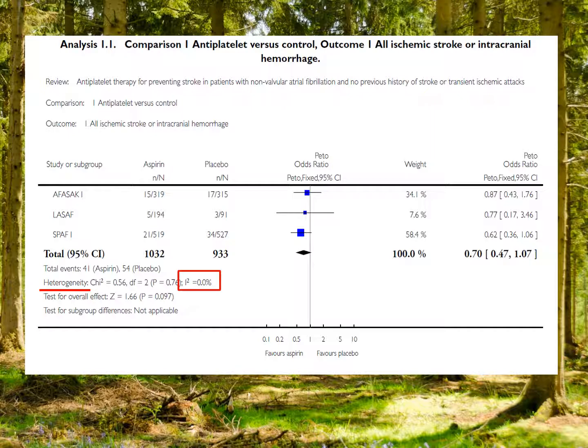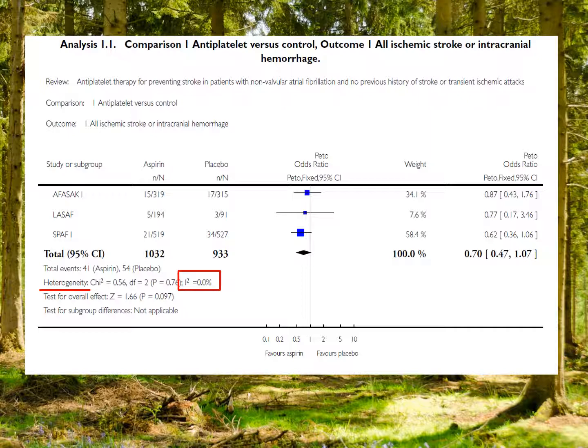And they plotted in the middle the treatment effect size. Where are the numbers for treatment effect size? In the far right column, the odds ratio. So here they calculated the odds ratio.